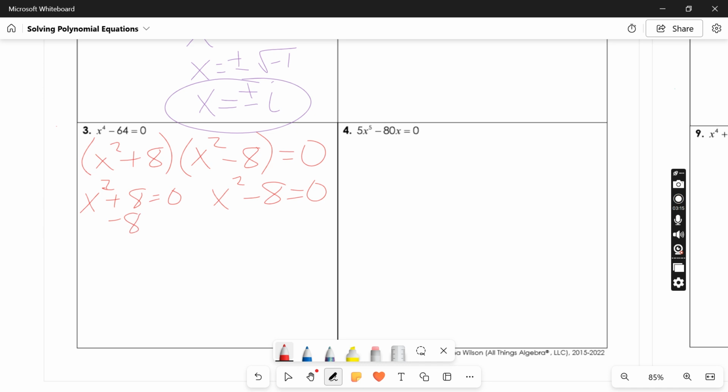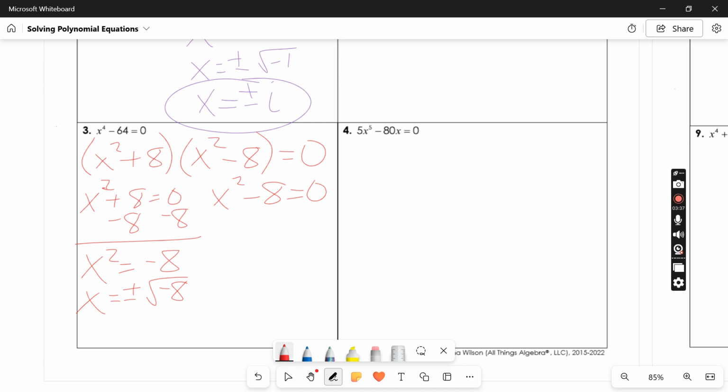On this side, I'm going to subtract 8 from both sides so that I get x squared is equal to negative 8. Then I'm going to square root that negative 8. Okay, so it is negative, so we will have an i in our answer.